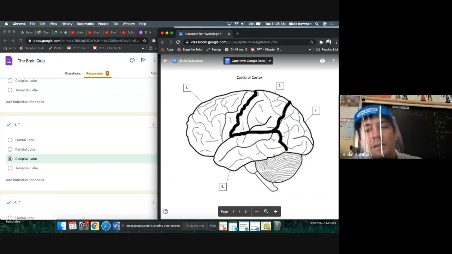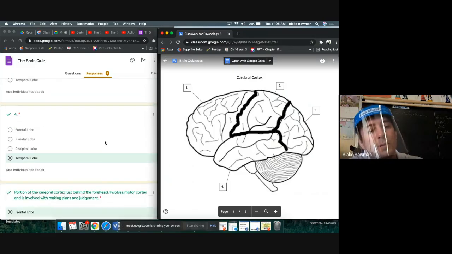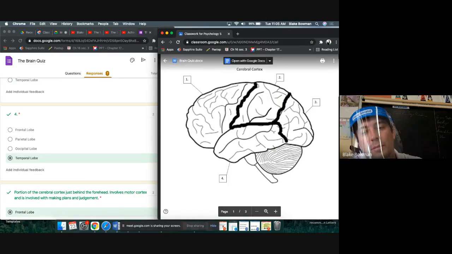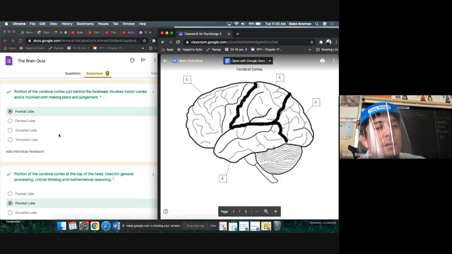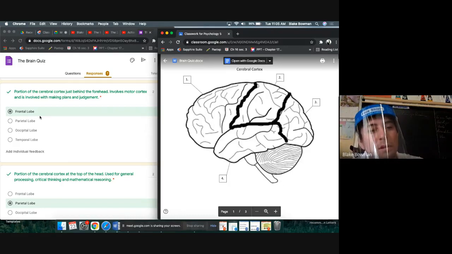Three, occipital lobe, mostly with vision, in the back of the brain, right above the cerebellum. Four, temporal lobe, right here on the side of the brain, auditory processing. Portion of the cerebral cortex just behind the forehead, involved with making plans and judgment: frontal lobe.